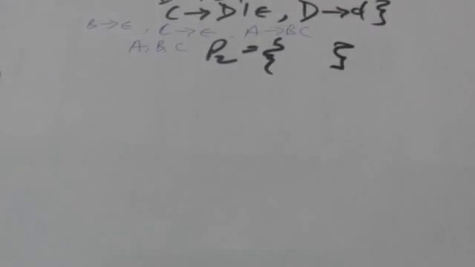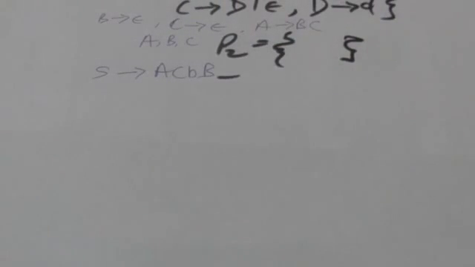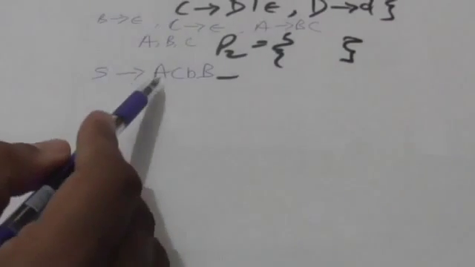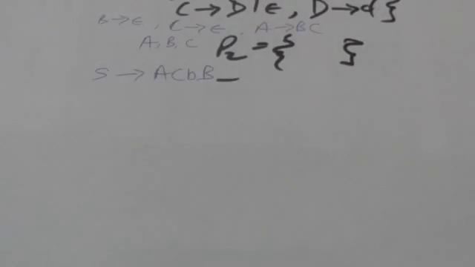First of all, see this production rule S derives ACBB. The right hand side of this production contains three nullable variables A, B and C. So what we will do, we will add this production to set P2 along with all other productions which are obtained by deleting one or more nullable variables from the right hand side of this production in any combination.